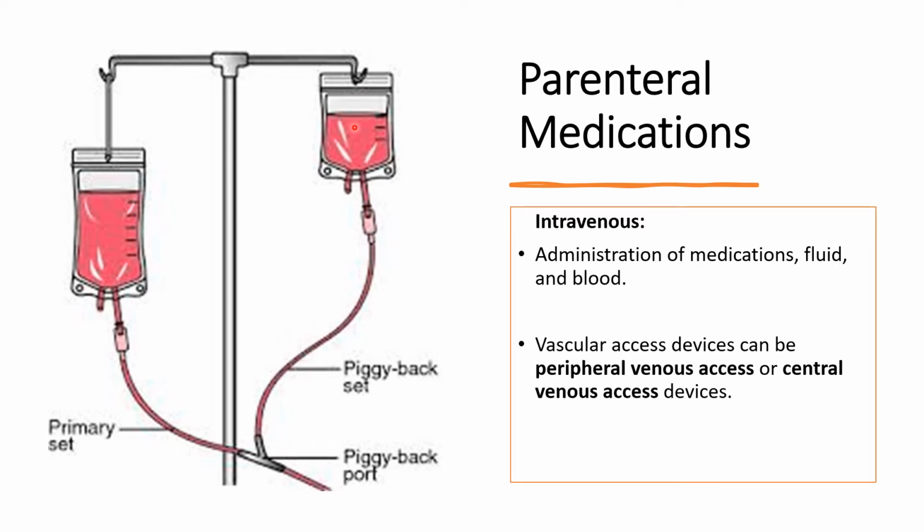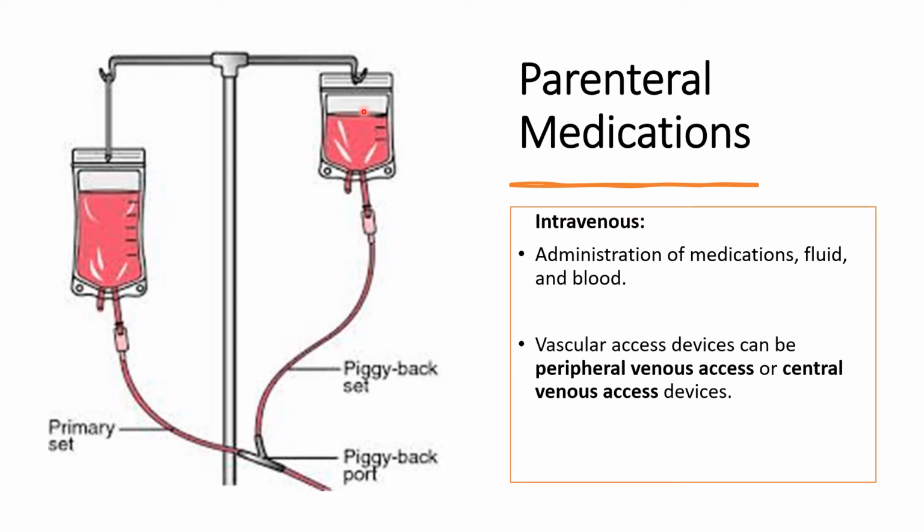When the content of this secondary bag runs out and there is no more pressure of liquid, automatically the primary bag is going to pass its liquid. It is very useful because when you have a medication, for example, an antibiotic that is going to pass in 30 minutes, only half an hour, you hang the antibiotic higher and the normal saline, the one that continues passing after the antibiotics the rest of the day, lower.